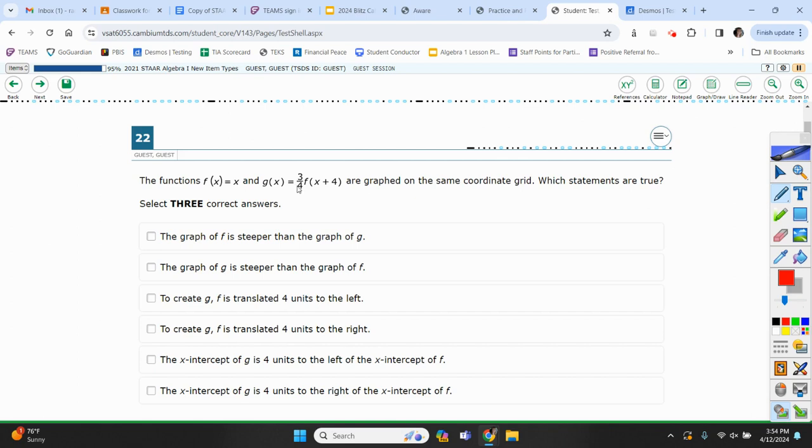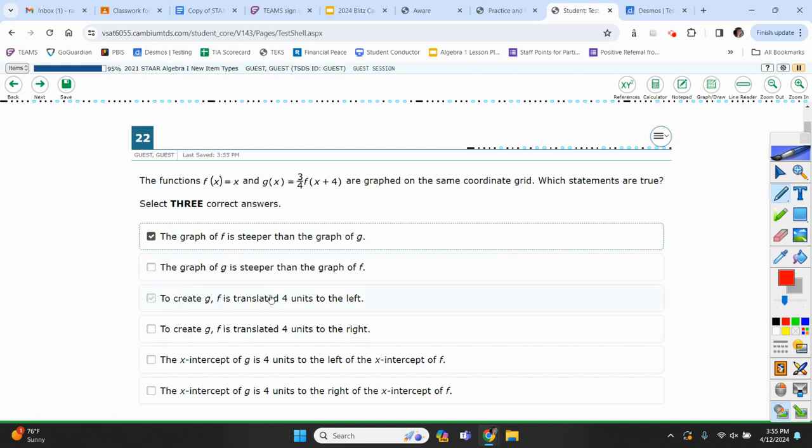So you have to determine which one is less steep. In this case, g of x is 3/4 instead of 1. That's less than 1, so g is less steep, but that's not one of your options. So you would have to go backwards and say, okay, f is steeper then.